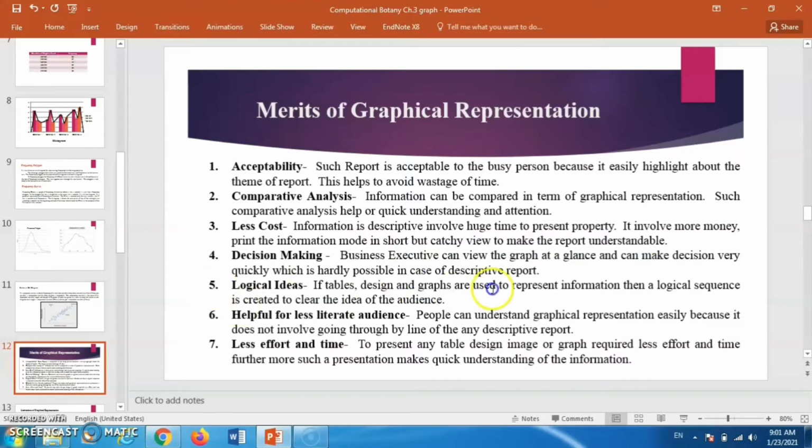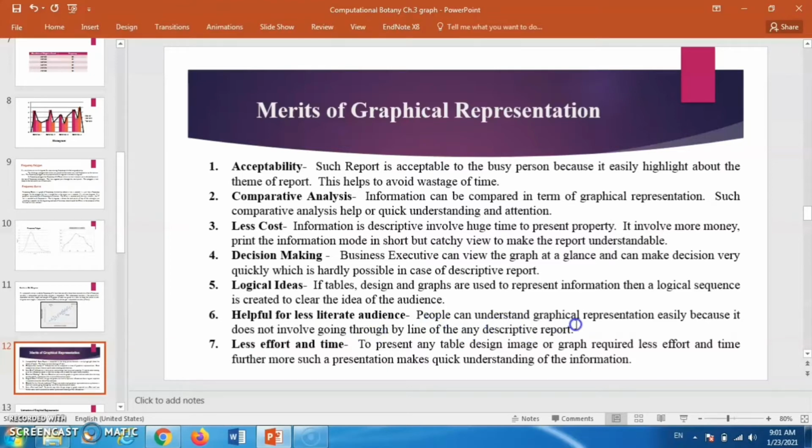Decision making. A business executive can view the graph at a glance and make decisions very quickly, which is hardly possible in the case of a descriptive report. Logical ideas. If tables, designs and graphs are used to report information, then a logical sequence is created to clear the idea of the audience. Next, helpful for a less literate audience.